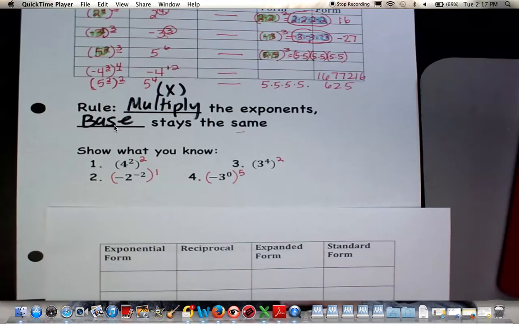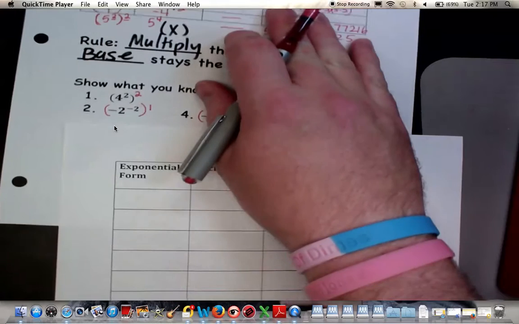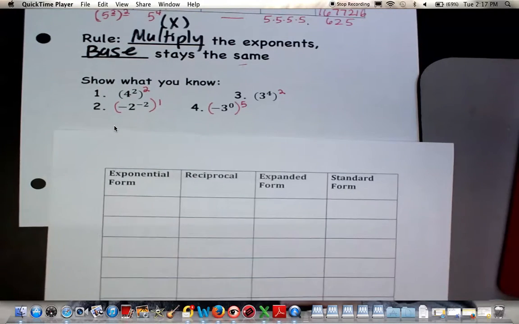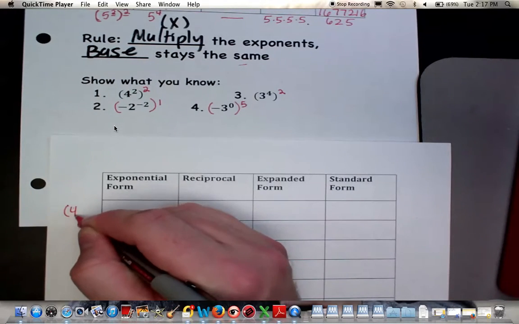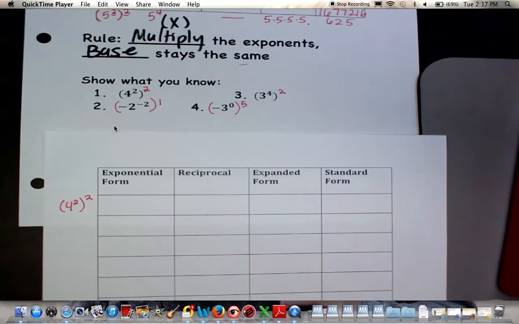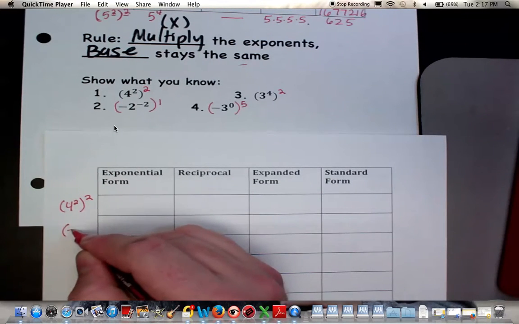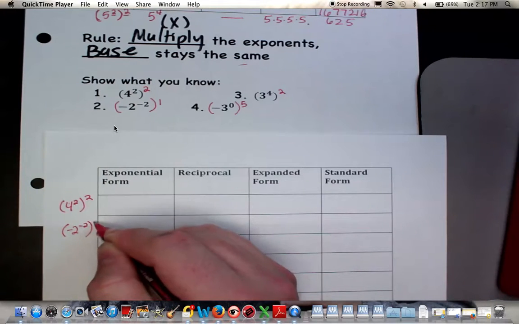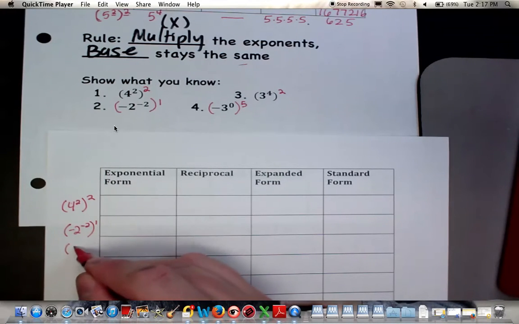You can use this form, your organizer, and just write down your problem: number 1, number 2, number 3, and then number 4.